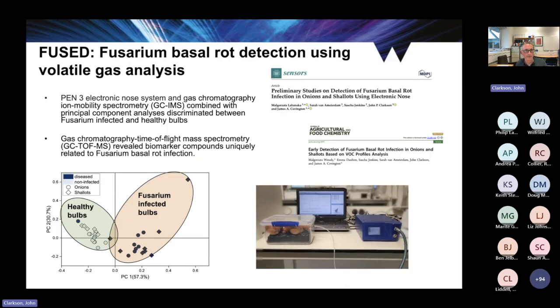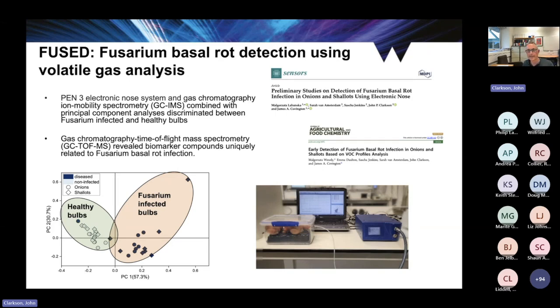The other part of that FUSE project I mentioned, which I'll talk about for a couple of slides, was this idea of volatile gas detection to detect infected bulbs in store. This was work that I did with James Covington, an expert on electronic nose and various GC-MS approaches.